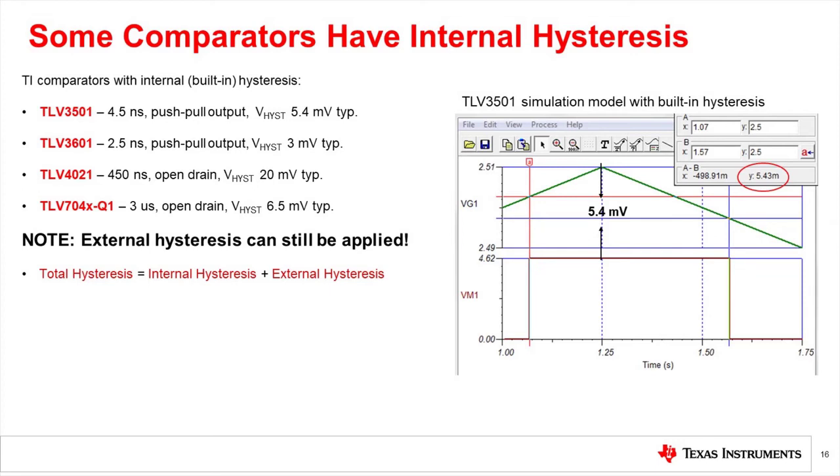Keep in mind that devices with internal hysteresis can still use the external hysteresis circuit that we described in the previous slide if you need more hysteresis than what is internally provided. It would just add on top of the internal hysteresis to create a total amount of hysteresis. So say you want 10 millivolts of hysteresis, and you're using the TLV3601, which has 3, then you just need to design the hysteresis circuit to create 7 millivolts.